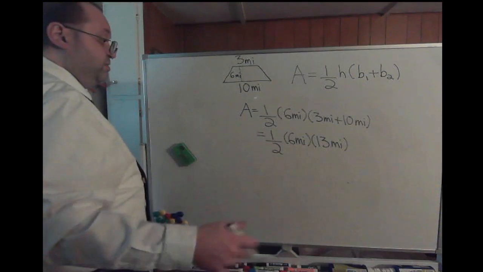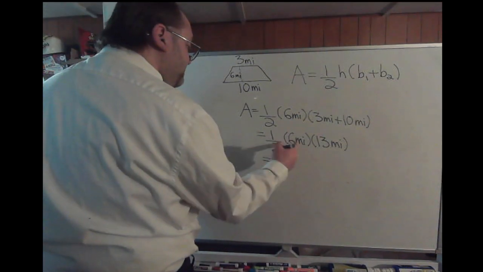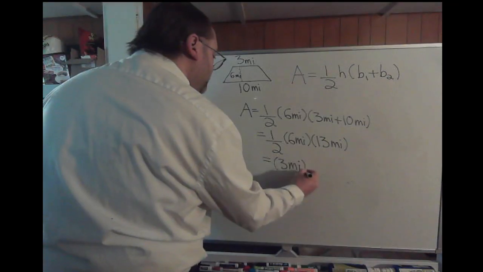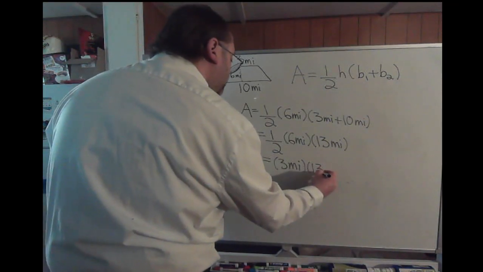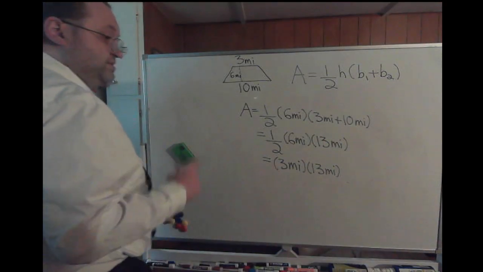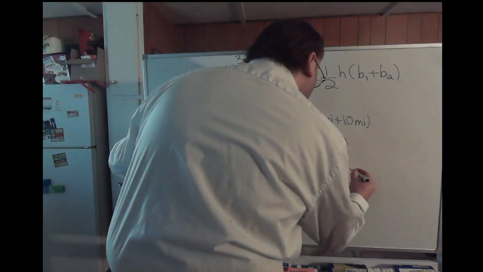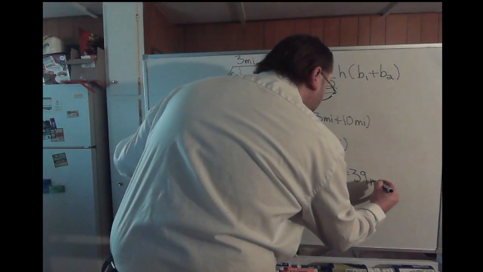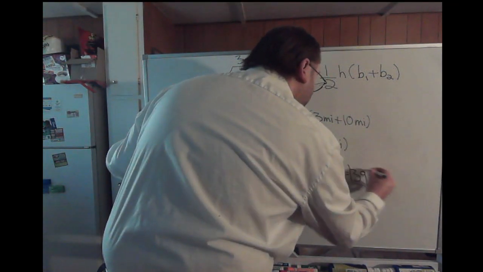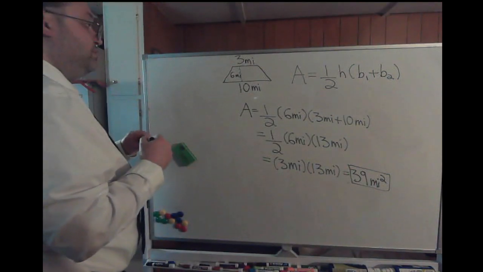Now you just do the multiplication. 1/2 times 6, that's going to be 3 miles times your 13 miles. Now what is 3 times 13? That's 39. And then miles times miles, that's miles squared, or square miles. So the area of this trapezoid is 39 square miles.